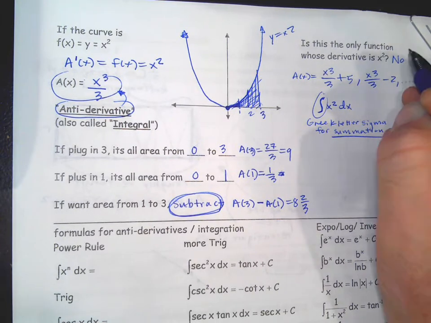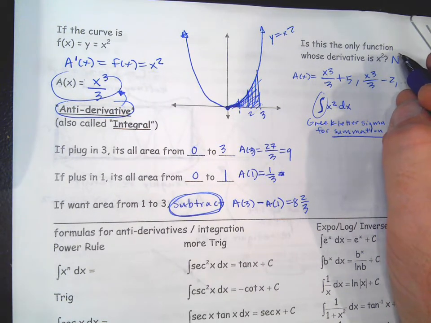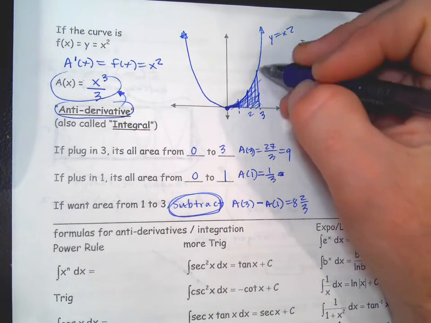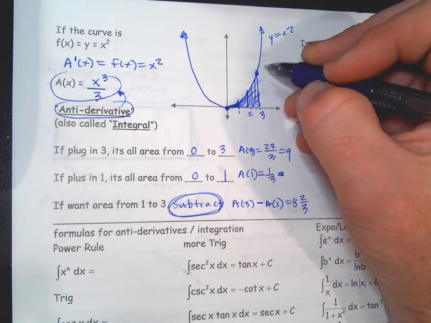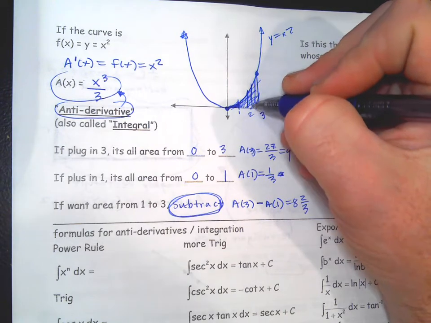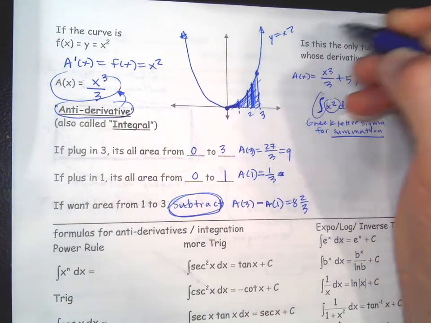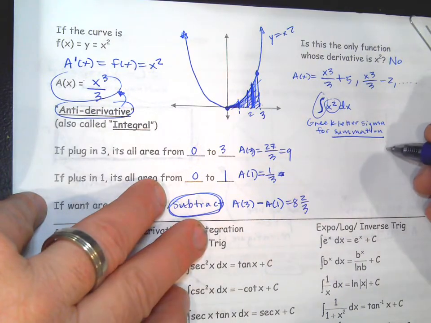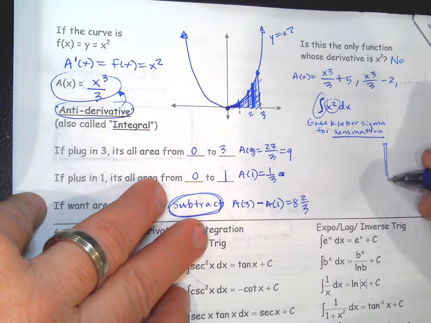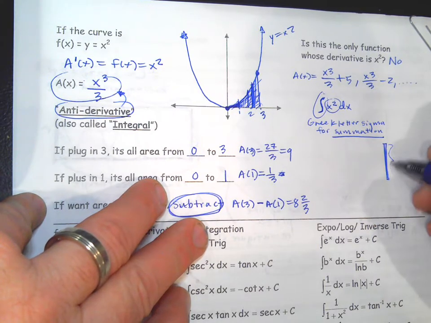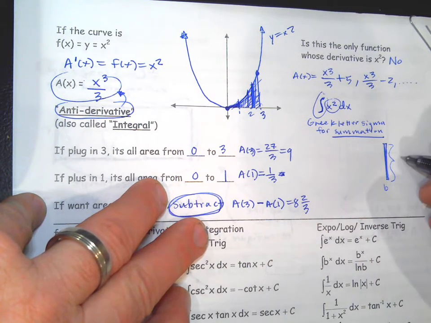I'm going to get more into it. But this right here, the x squared, that's like the height. What we're going to be doing is thinking of these as tall, thin rectangles. When we cut this out, this is how we're doing it. Tall, thin rectangles with a base and a height.